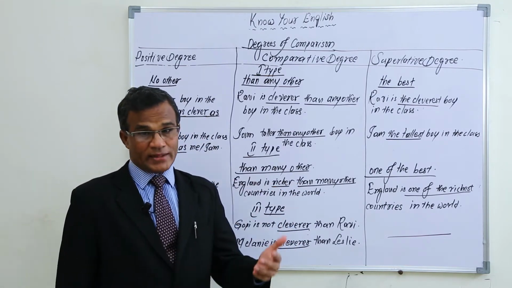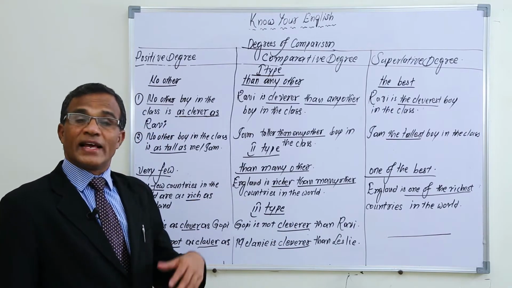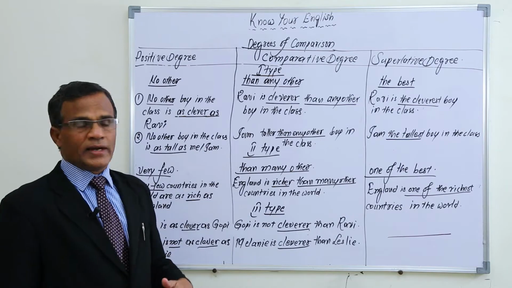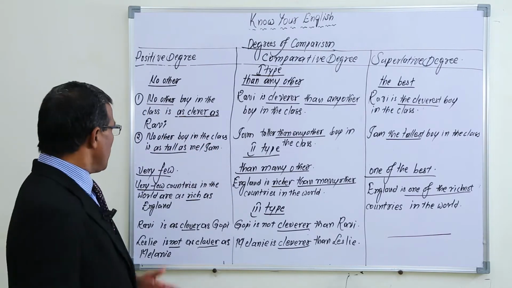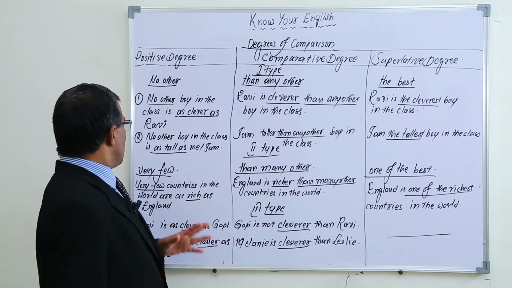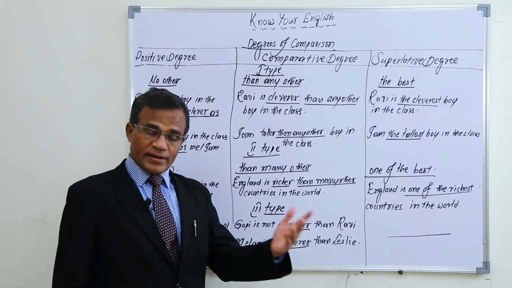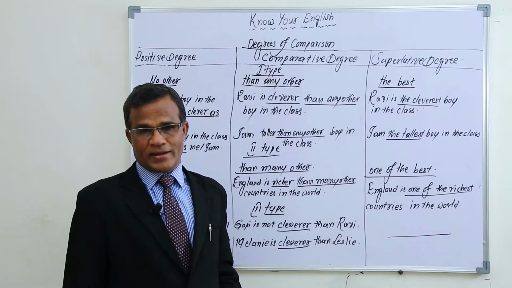And no other person is as intelligent as Ravi. Like that, with no other, we can use sentences in positive degree. Or sometimes you can use very few. Very few students in the class are as clever as Gopi, for example.